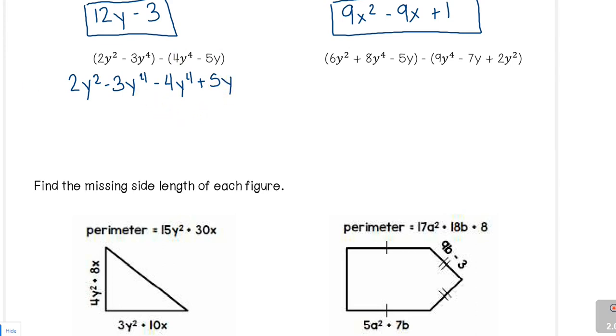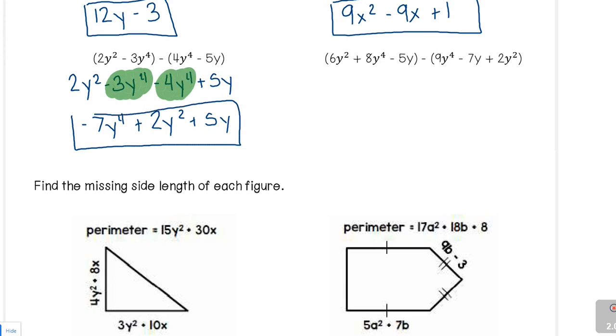Combine your like terms. Let's start with the highest exponent, so negative 3y to the fourth minus 4y to the fourth. Negative 3 minus 4 is negative 7y to the fourth. Then there's no other y squared, so rewrite it, and no other y's.